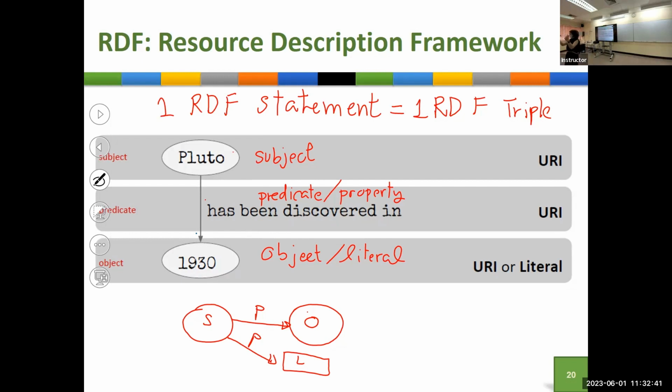Objects mean another resource, another node. Okay, so to explicitly distinguish them in graphical notation, we use different notation, an oval or a rectangle. Whenever you see a rectangle, it actually means a literal value.